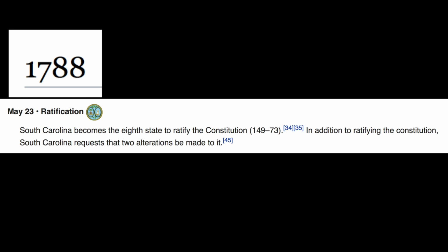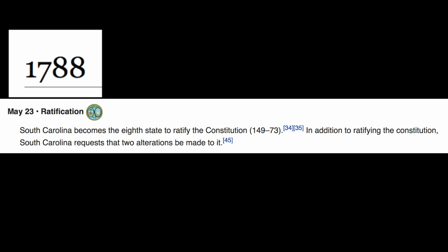This is actually what really influenced the creating of the Bill of Rights, the fact that there were states proposing these alterations to the Constitution. And not even amendments. They wanted the alterations threaded into the main body of the Constitution. They didn't want amendments. They wanted actual alterations to take place within the main body, okay?